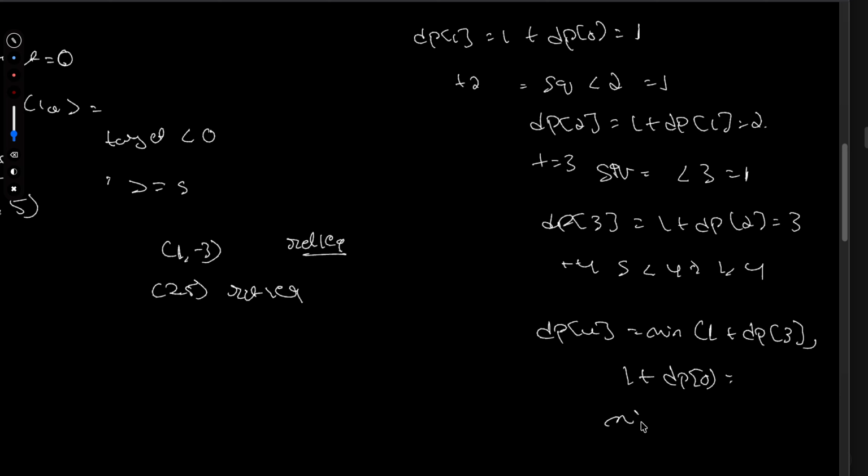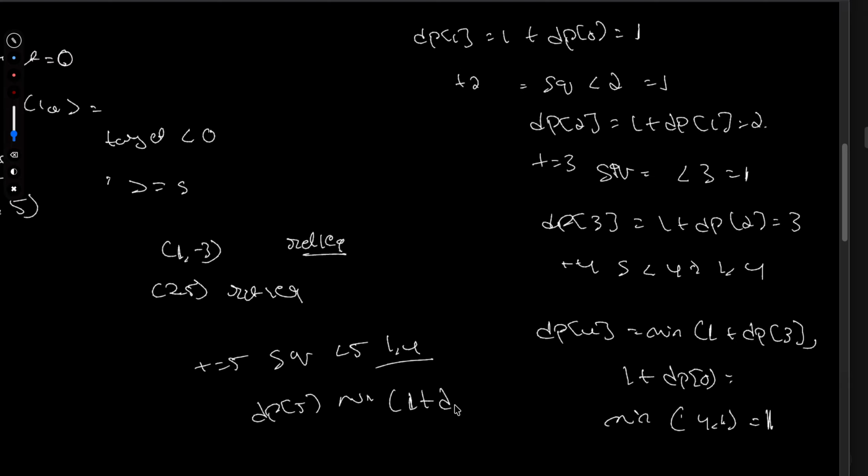The minimum is 4 comma 1, so the answer is 1. For t is 5, squares are 1 comma 4, and DP of 5 is the minimum of 1 plus DP of 4, and 1 plus DP of 1, so the minimum is 2 comma 2, so the answer is 2.